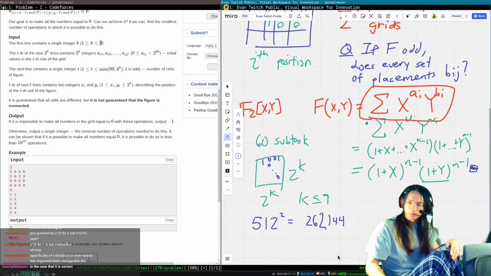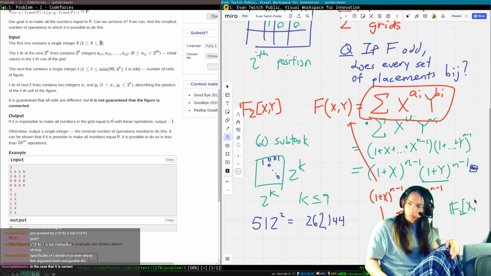Can I say like 1 plus x to the n minus... Like, here's the capital F function and then times whatever the product thing is, in F2 adjoin xy. So without modding out... I think this is true, right?